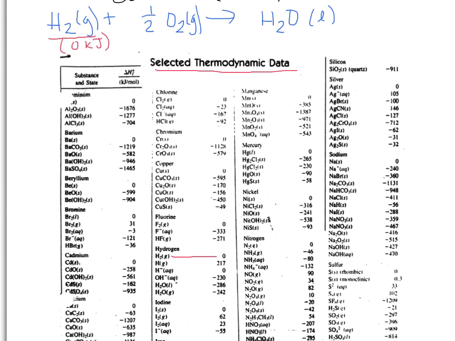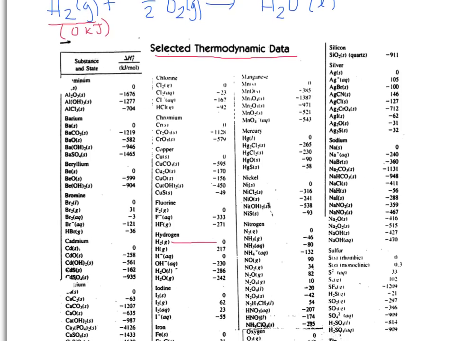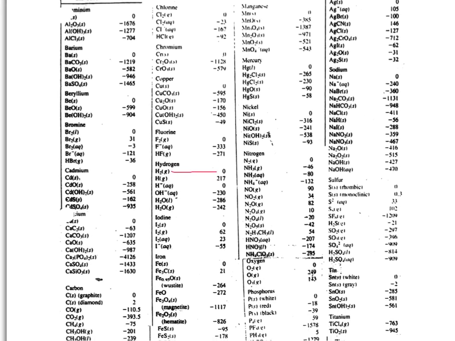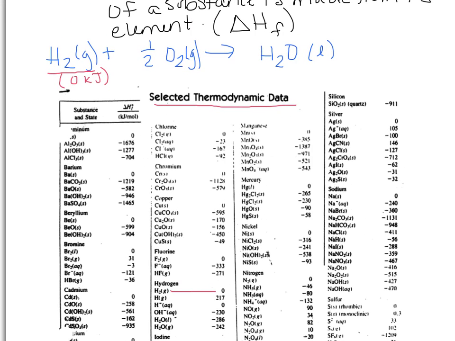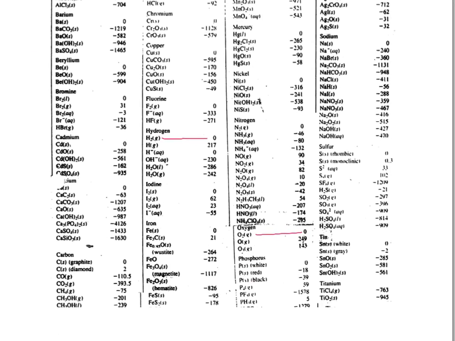Then we're looking for O2. The table is in alphabetical order, so we're going to scroll down a little bit and look for oxygen. Here it is, which also has 0 kilojoules per mole. The last thing we're looking for is water.